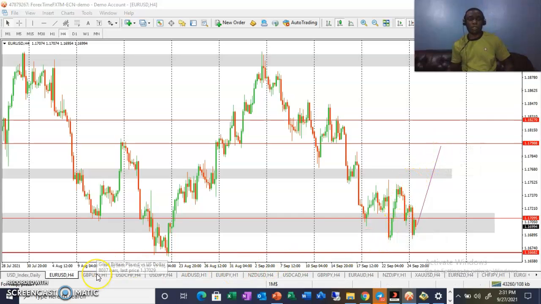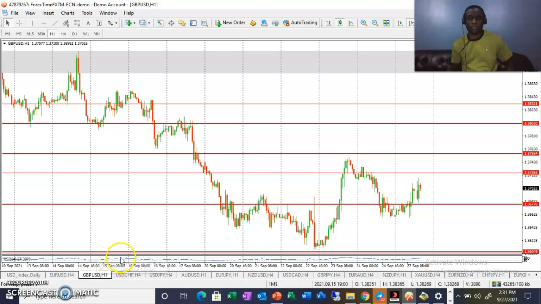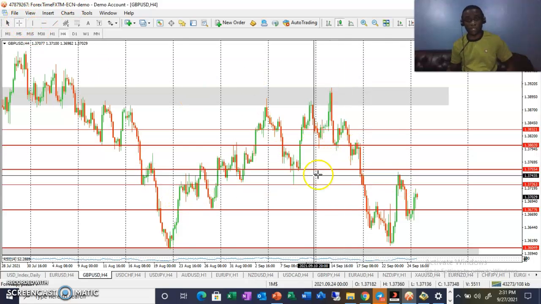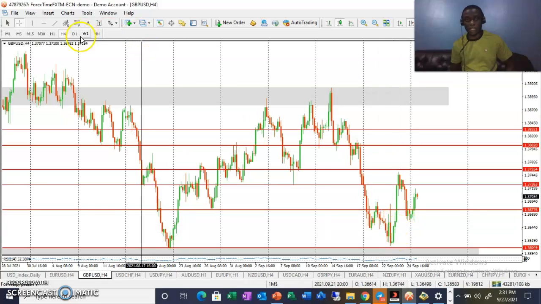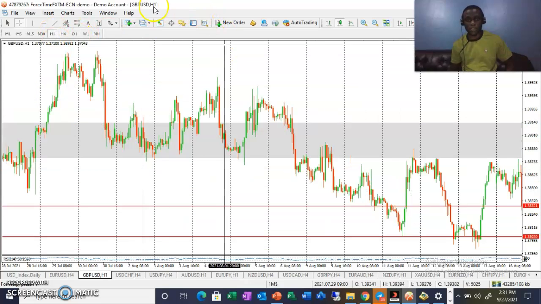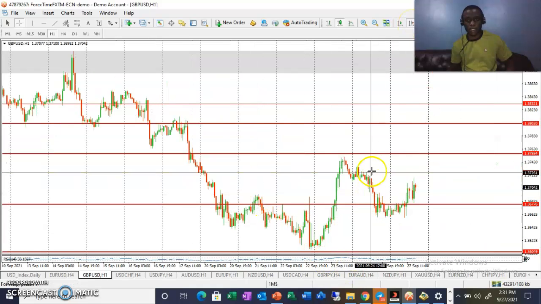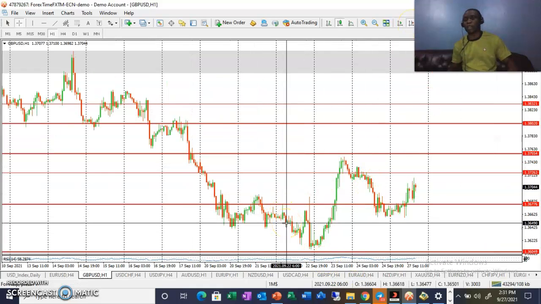For the GBP USD, what do we have? It's been going down for days, and from the H1 chart, you can see there is what we call a market structure break.